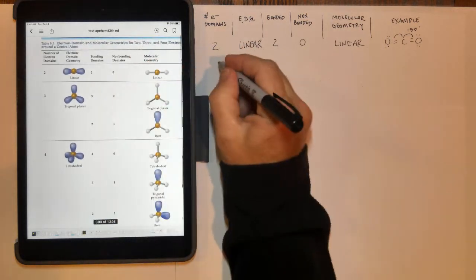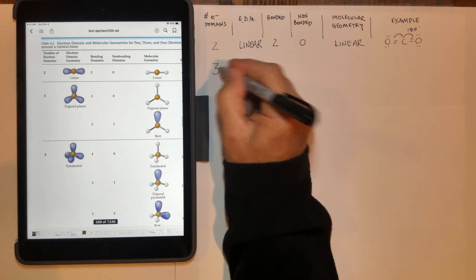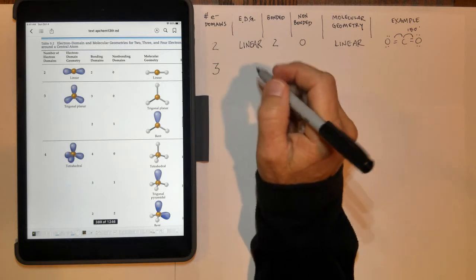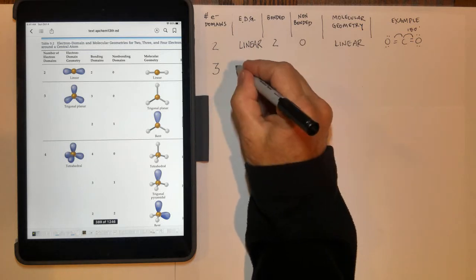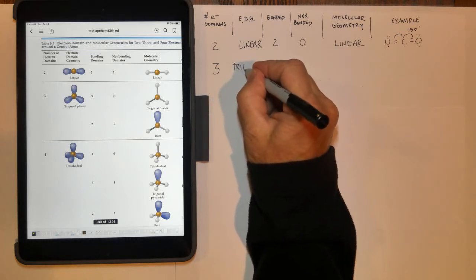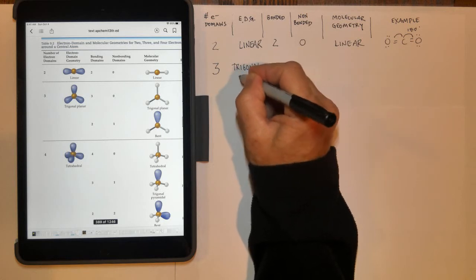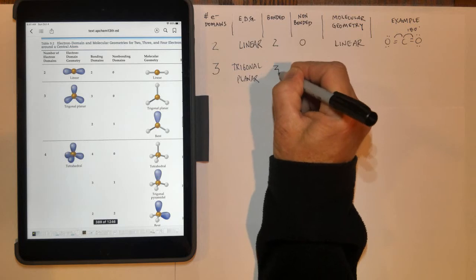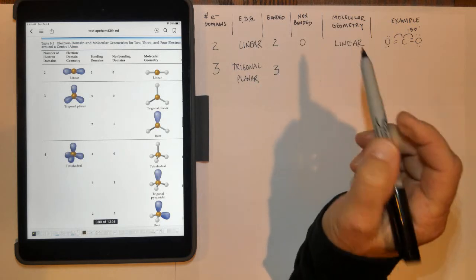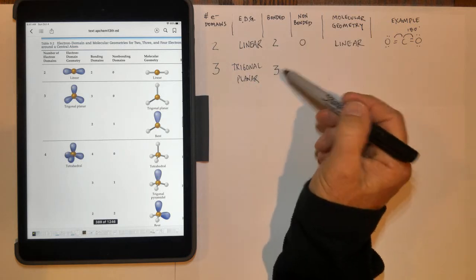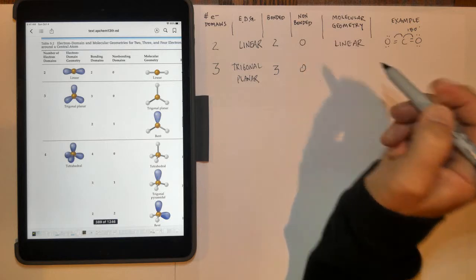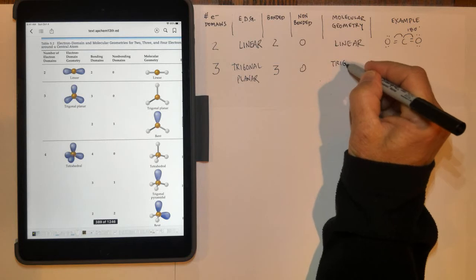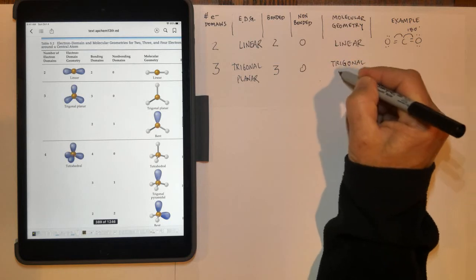Our next family is where there are 3 electron domains around the atom, and it has 2 members to the family. So the overall family is called trigonal planar. It has 3 total electron domains, and if we have 3 bonded and 0 non-bonded, then we get the molecular geometry called trigonal planar.